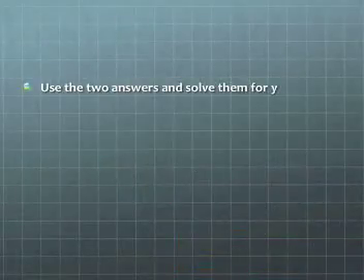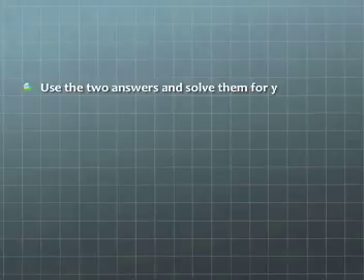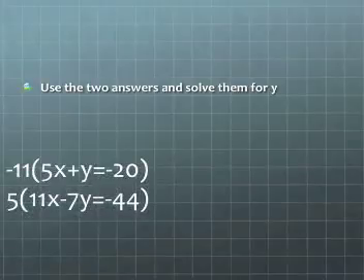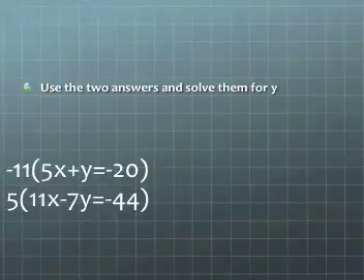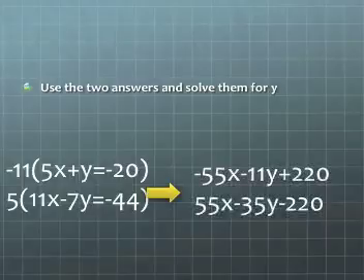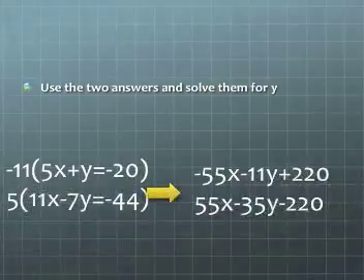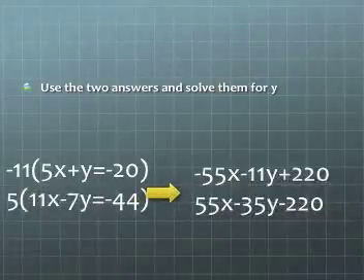Now we will combine these pre-answers into one set and solve for the y variable. In order to get y, x must be cancelled out in the process of elimination. Negative 11 must be multiplied to the top equation and 5 must be multiplied to the second in order to balance the coefficients of x in both equations, where negative 55 is negative for the top and 55 is positive for the second, which will result in 0.